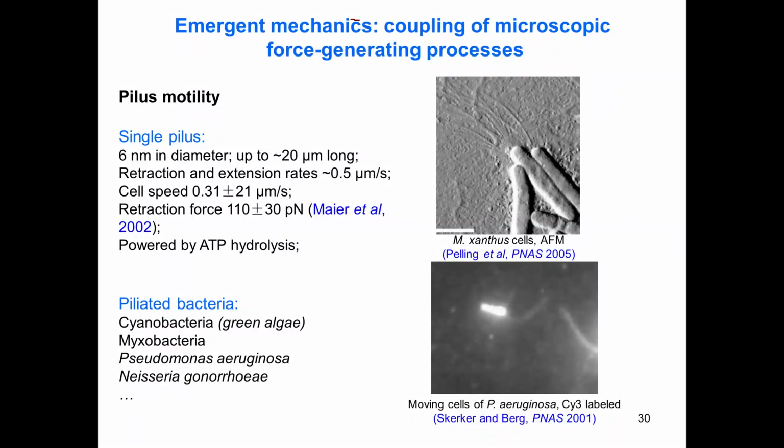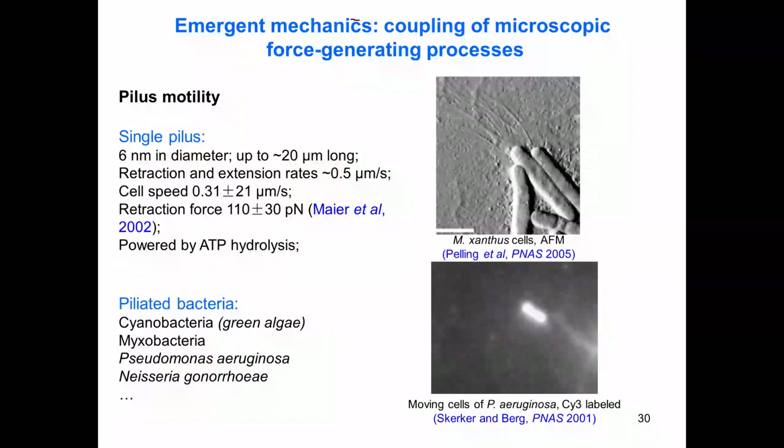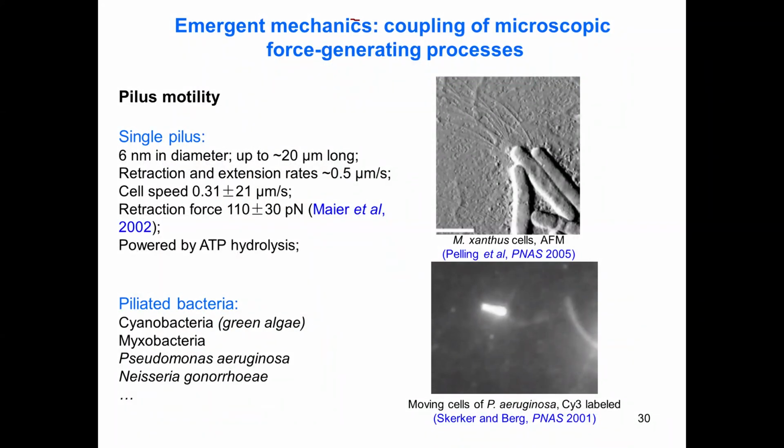It's the strongest molecular motor known today. Instead of looking at the motion produced by these piliated cells, we looked at how this large-scale force, this pulling force generated by pilus motors, can produce emergent mechanical behavior in a dense solid-like bacterial film.